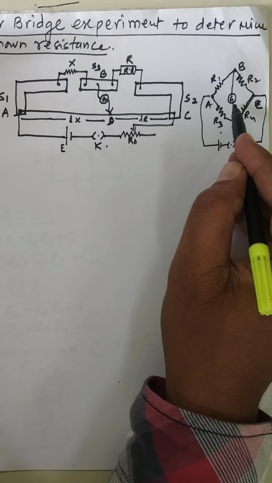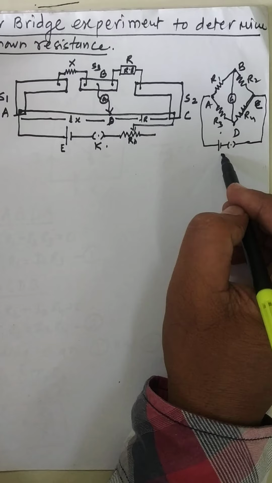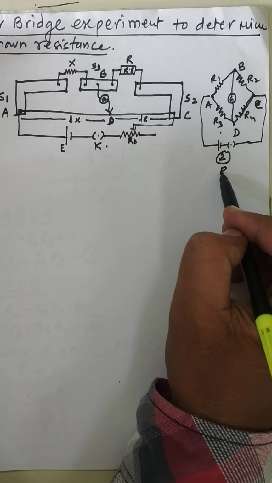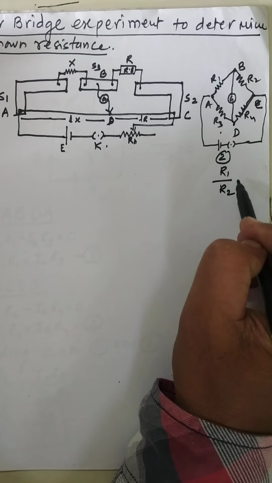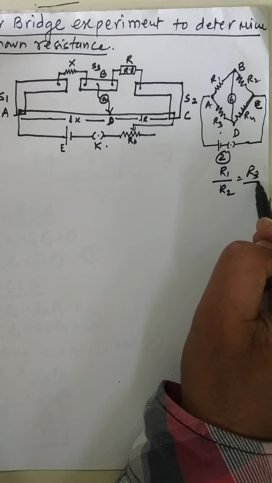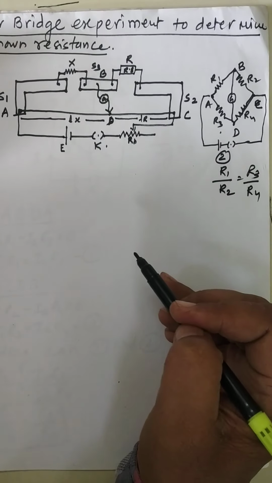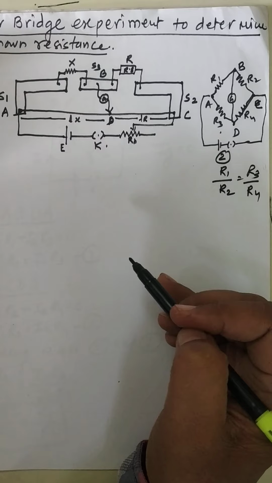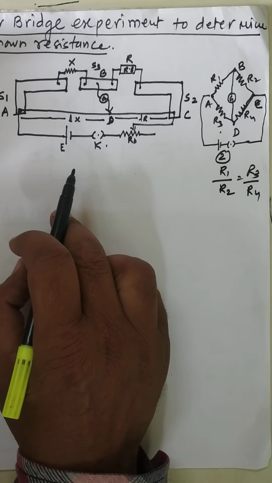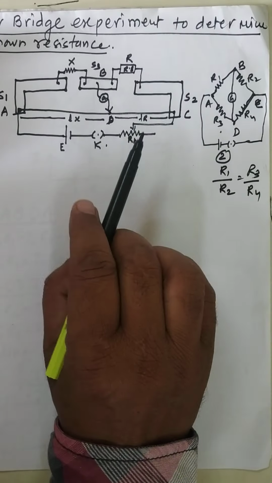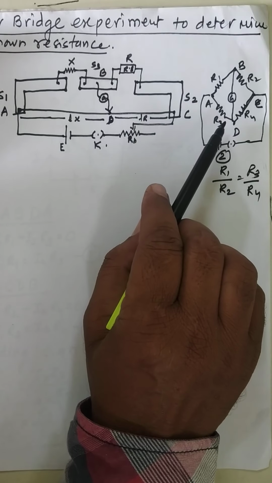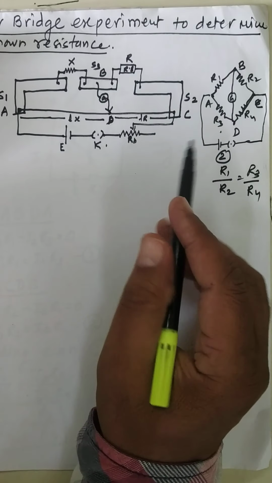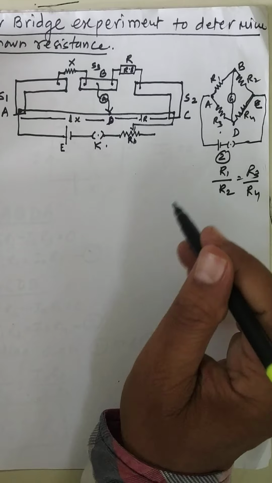Now, for this second figure, the balancing condition is R1 upon R2 is equal to R3 upon R4. Already you have seen. Now, here, if out of the 4 resistances, 3 resistances are known, you can determine the resistance of the 4th resistor.